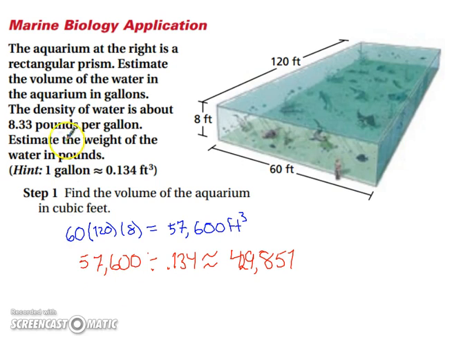Alright, so now we know that each gallon weighs about 8.33 pounds. So now we can take our 429,851 and multiply that by 8.33.